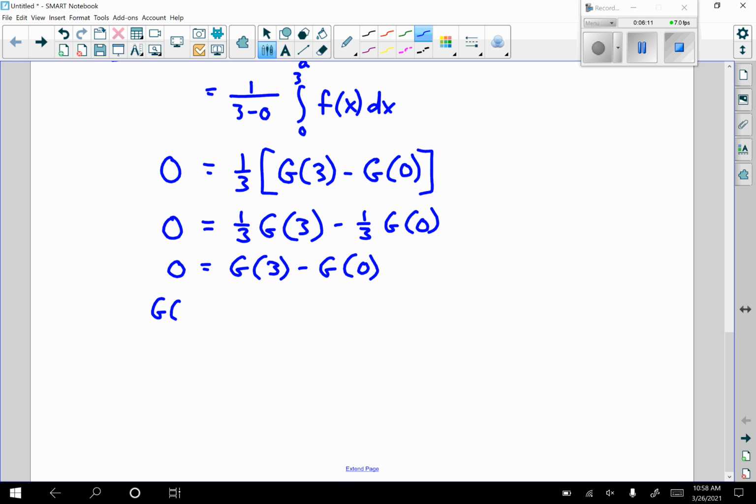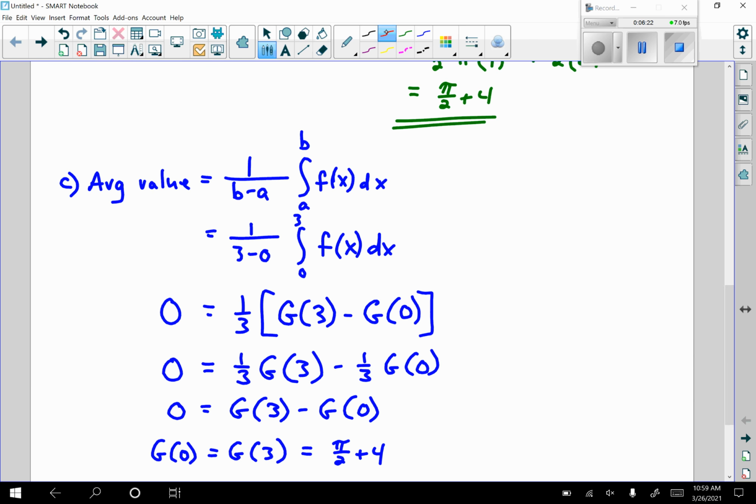So g of 0 is equal to g of 3, and that was equal to pi over 2 plus 4. So how many points for this? Should be just 3 more. 1 point for showing this, 1 point for showing this, and 1 point for the answer.